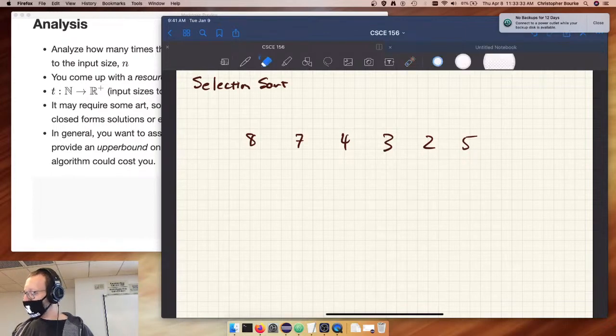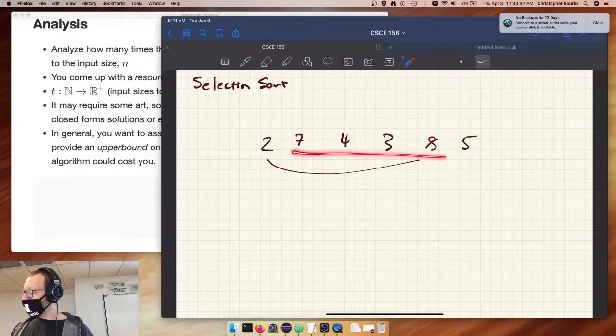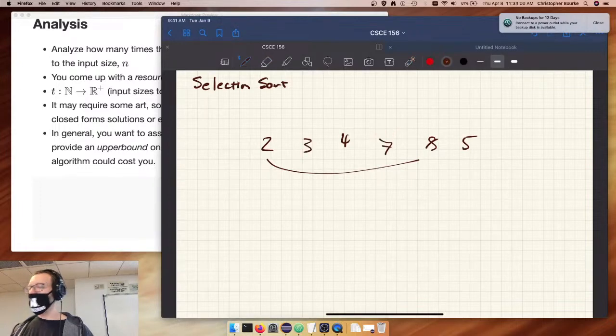So what we're going to do is swap 8 and 2. We ended up swapping those two. Now we continue with the rest of the list. We go through and we find the minimum. The minimum now is 3, and so we end up swapping 7 and 3.